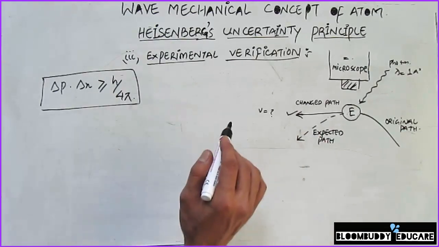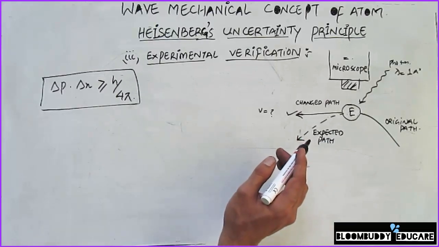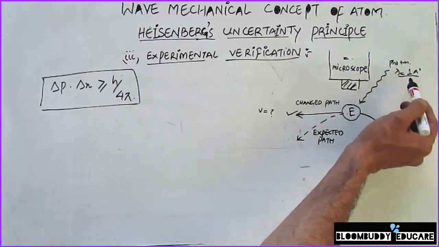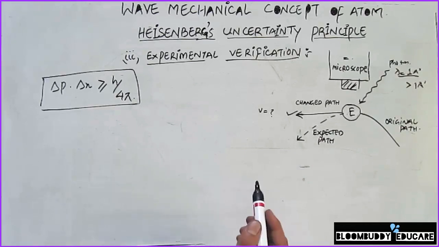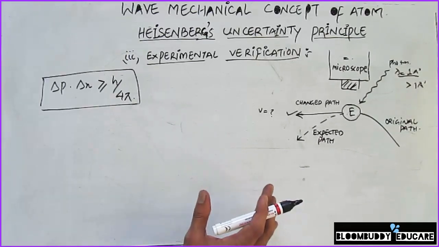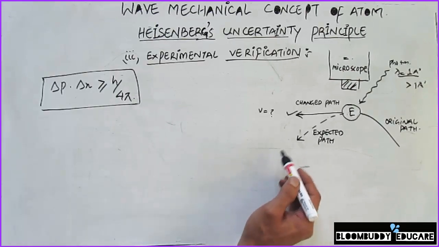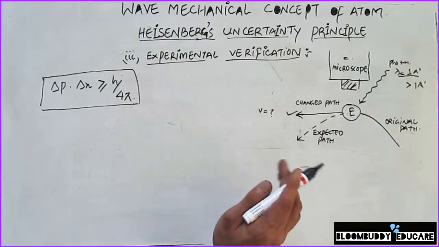On the other hand, if the electron is collided with a photon of light of wavelength greater than 1 angstrom, the photon has low energy in that case and is not able to change the circular path of the electron, and hence the velocity of the electron is not changed.